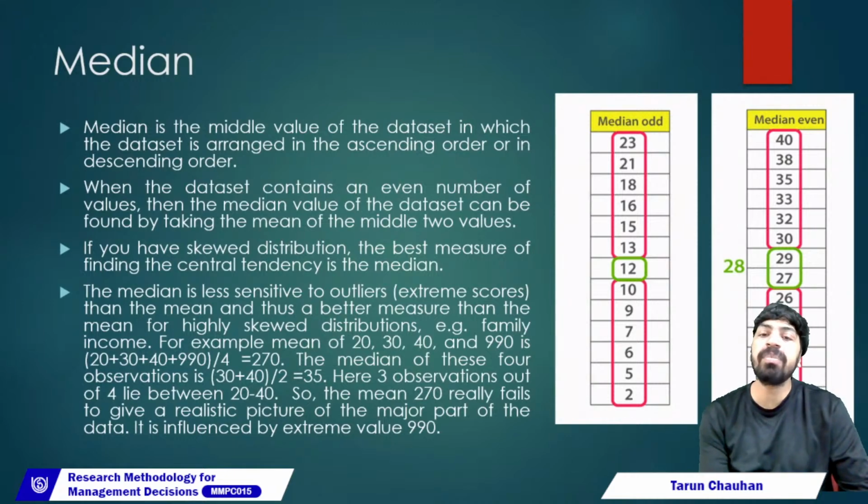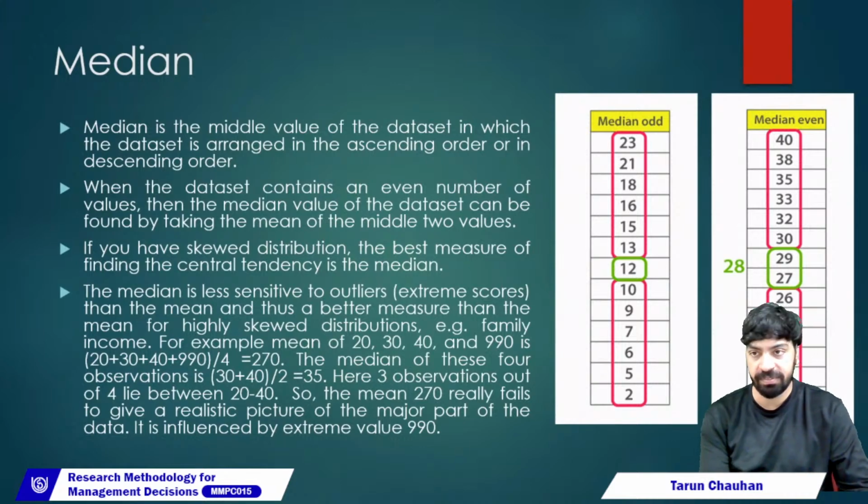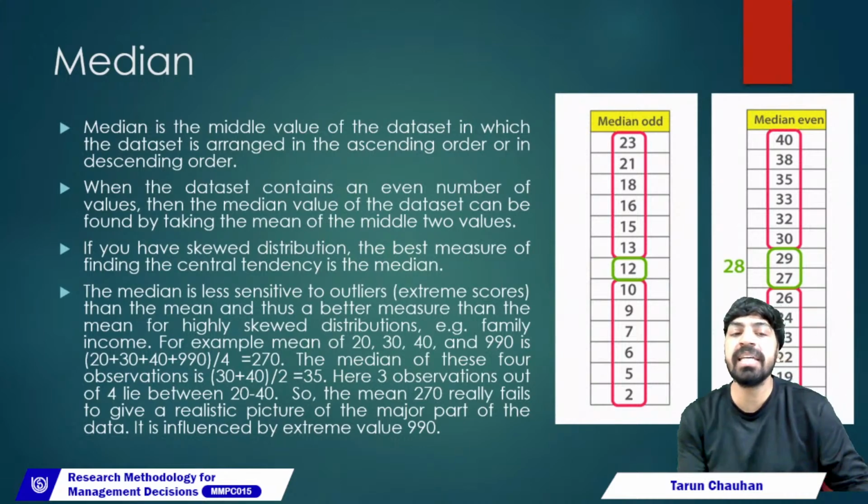So for example, the mean of 20, 30, 40 and 990 is 270, then the median of these four observations, that is 30 plus 40 divided by 2, is 35. So what is the exact meaning?